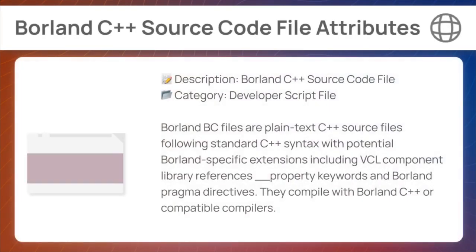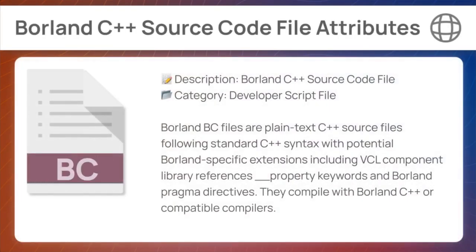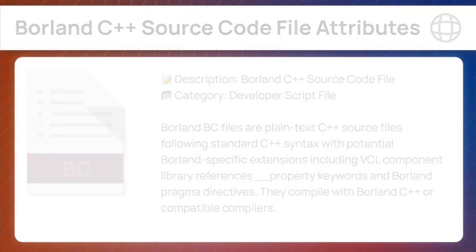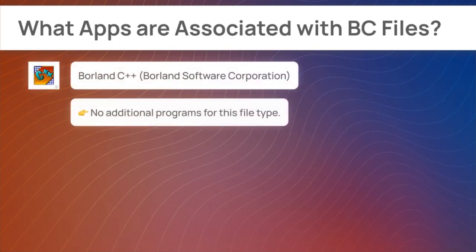Borland BC files are plaintext C++ source files following standard C++ syntax with potential Borland-specific extensions, including VCL component library references, property keywords, and Borland pragma directives. They compile with Borland C++ or compatible compilers. The specific reading module for BC files is provided by Borland C++ from Borland Software Corporation.